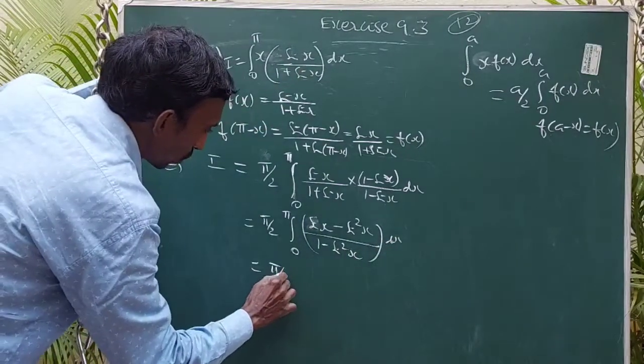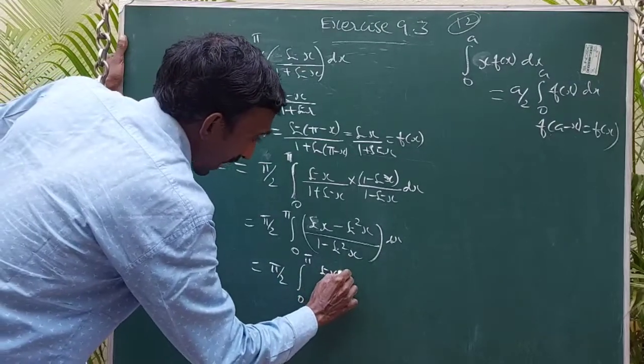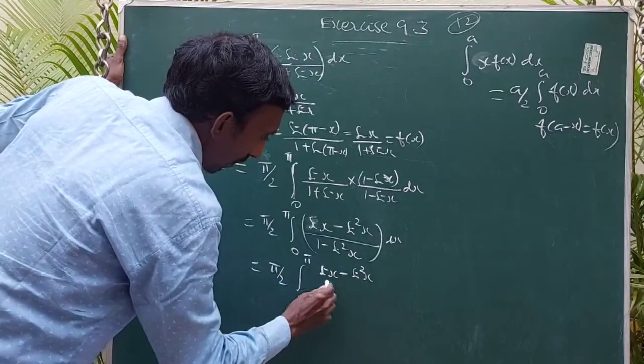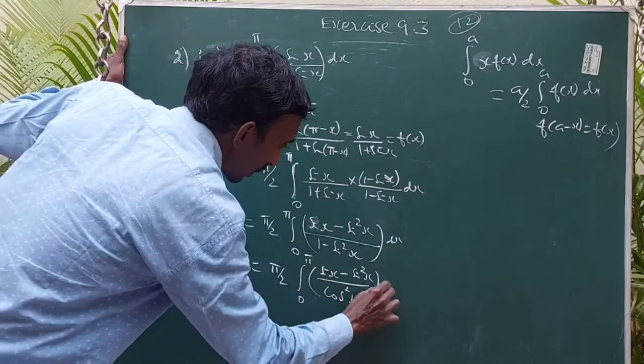Again pi by 2 integral 0 to pi, 1 minus sin square x is cos square x, so sin x minus sin square x by cos square x dx.